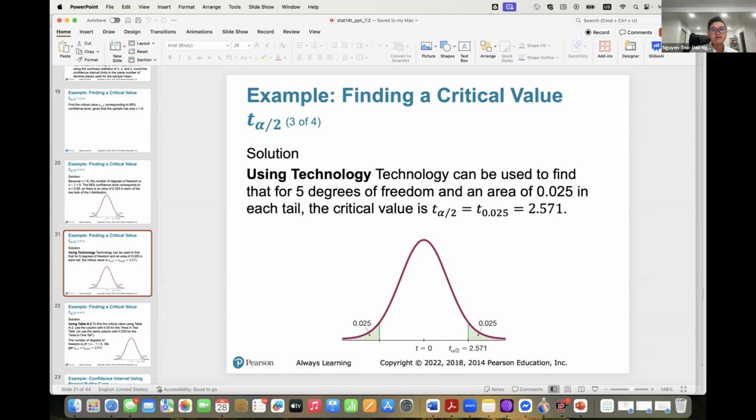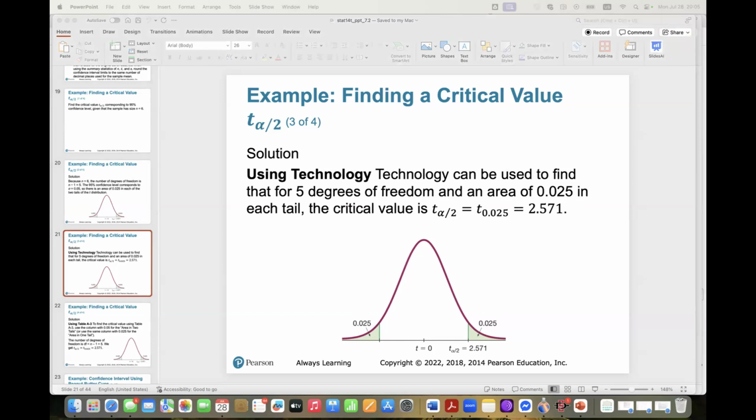Now we can use technology, it's going to be faster. Let me check the table. We look for an area of 0.025 in each tail.